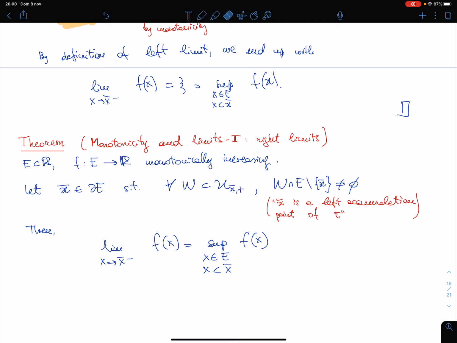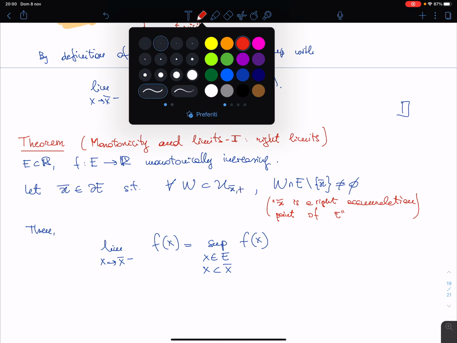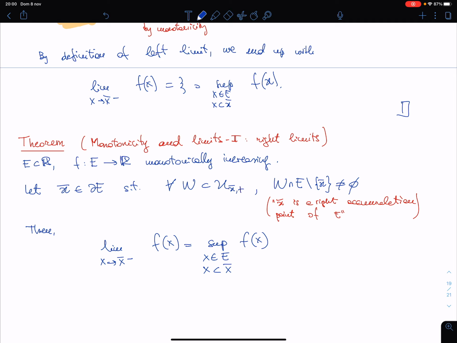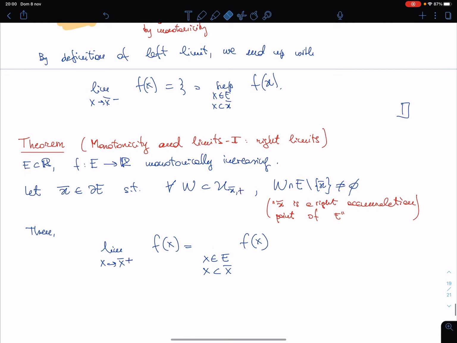And we have that then the limit for x going to x bar plus of f of x is this time the infimum of f of x, x larger than x bar.